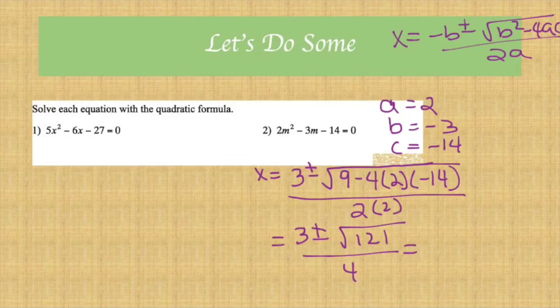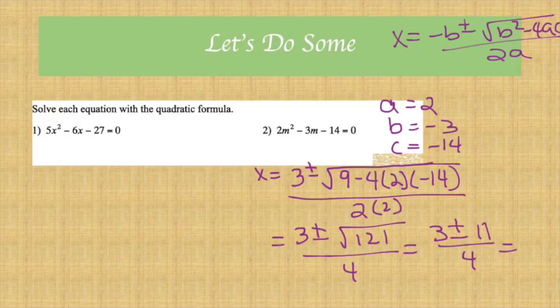The next thing is for you to decide if this 121 is a perfect square by putting the square root of 121 in your calculator and see what you got. If you need to pause the video, go ahead and do so. I got a perfect square root of 11. So we got 3 plus or minus 11 over 4.